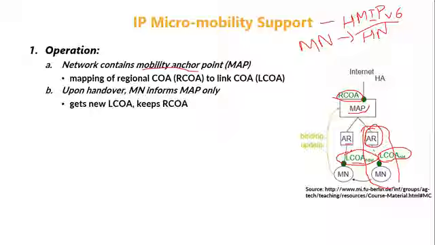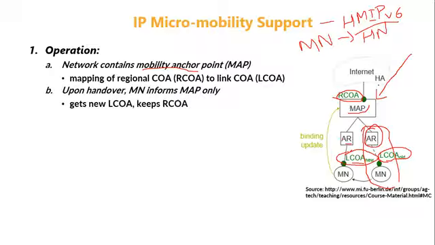A MAP assists with this. MAP stands for mobile anchor point. A mobile anchor point assists the local handover and maps RCOA to LCOA. So this local handover will be taken care of by the MAP. Say there is a packet coming from outside for the mobile node. The MAP knows where this mobile node is, that it is connected with this AR.